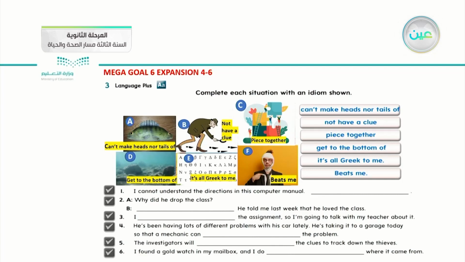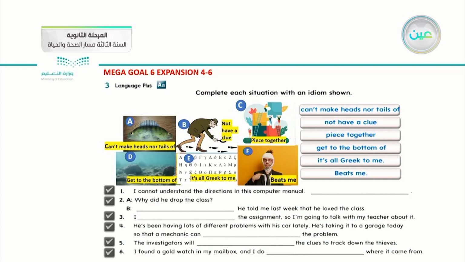If you look closely here, we found people trying to make a puzzle or collect pieces together to make one shape, and so on. And we will go to letter D. Get to the bottom of, which means reach the bottom of, and we apply that with this picture, deep at the bottom of seas or oceans, etc.